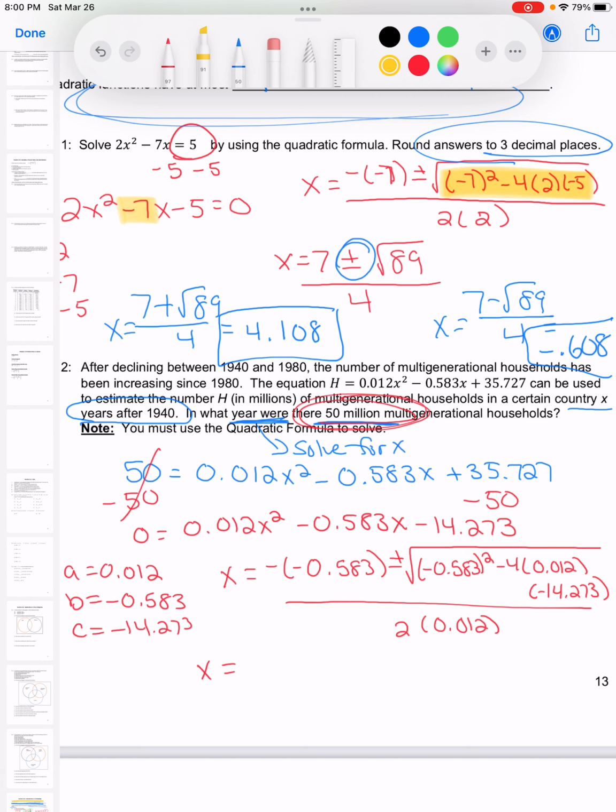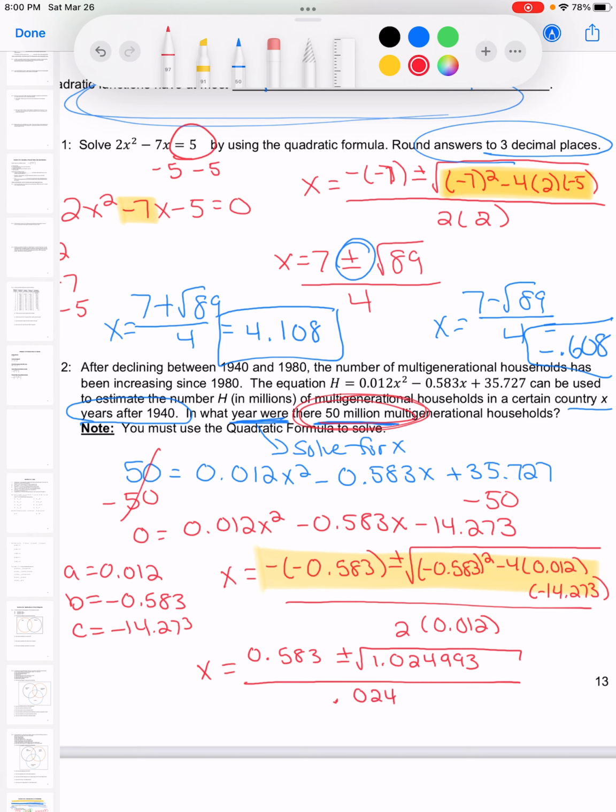Up in the numerator part, I'm going to get that 0.583 plus or minus. When I typed in the square root, I didn't round. I'm going to do the whole thing. We're not going to round until the end. I got that 1.024993, and then I typed in the bottom part.